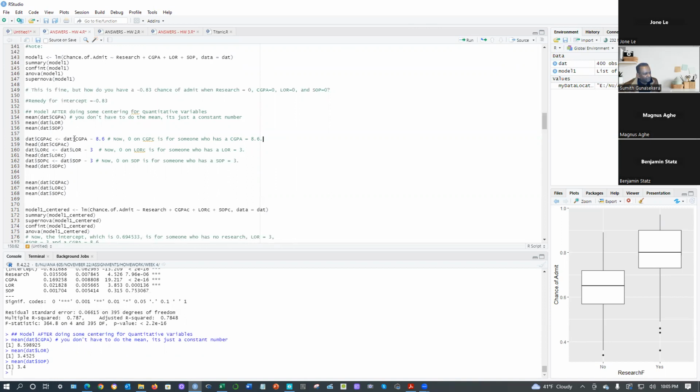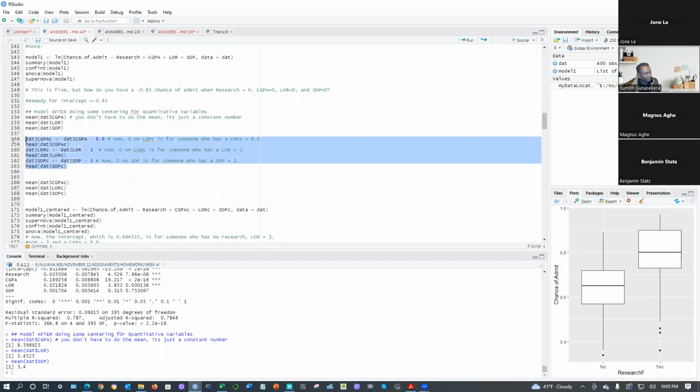If somebody has a GPA of 8.6, it means 0 now. 0 on LOR centered is for someone who has an LOR of 3. If somebody has 3, it means 0. Same thing like that.